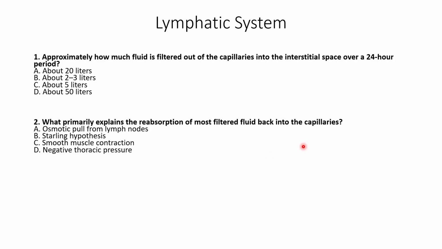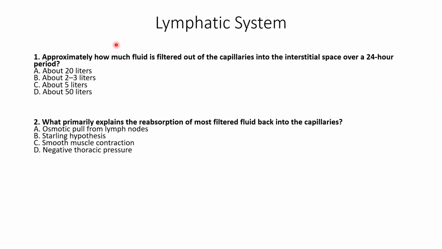So then there is this equation, the Starling equation, that essentially calculates the net filtration pressure, right? I should have made a slide on this, but essentially, if you have a net positive filtration pressure, that means that filtration is taking place and fluid is leaving the capillary.